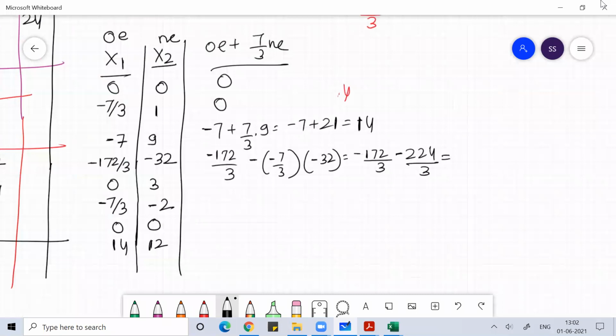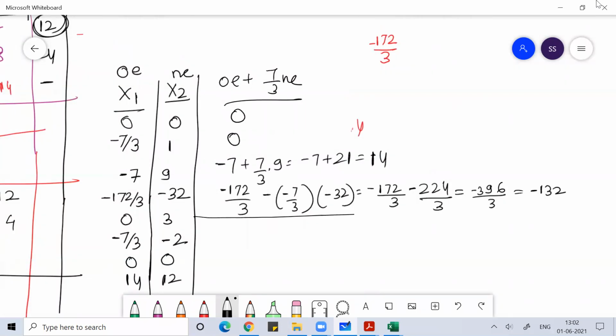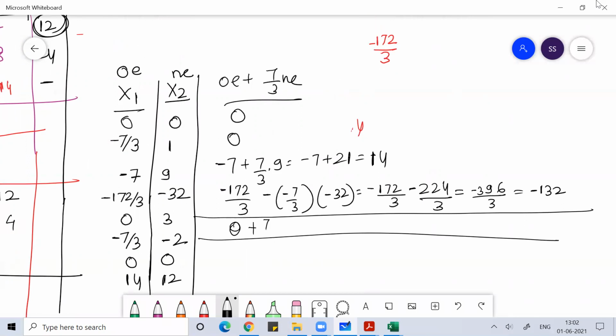So this you'll get how much? This is 6 and this is 9 and this is 3 divide by this is minus 132. Then this is what? 0 plus 7 by 3 into 3 means 7.